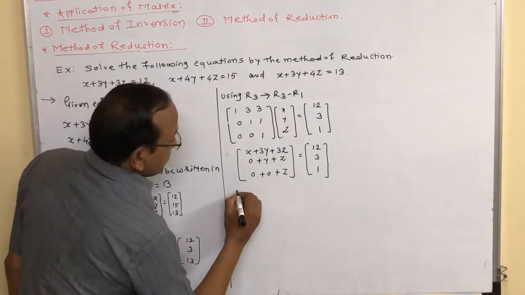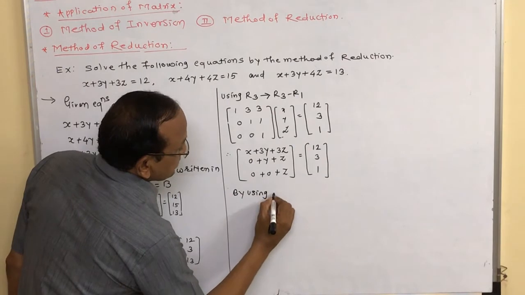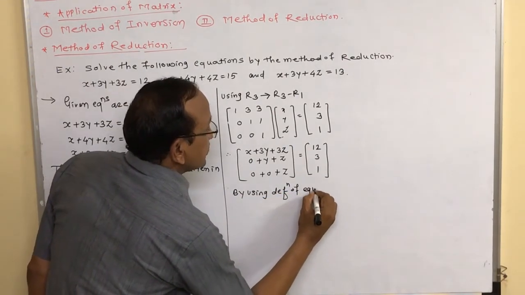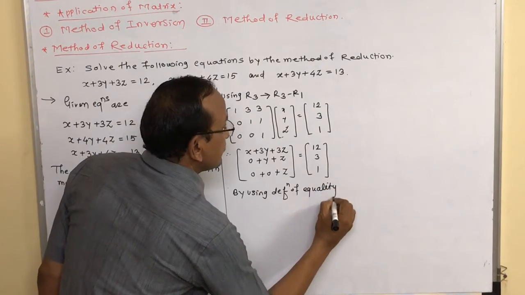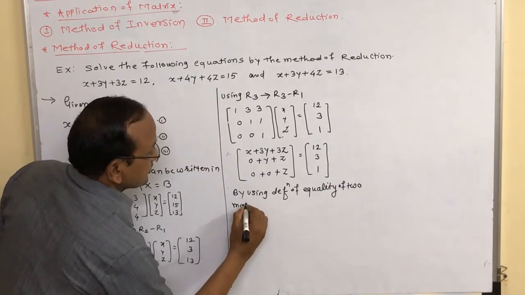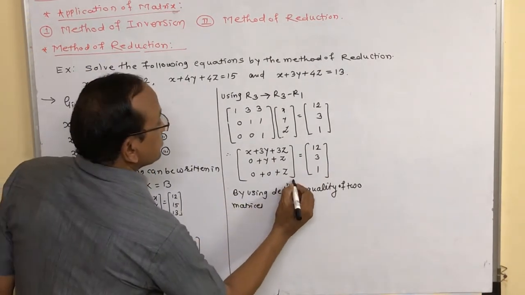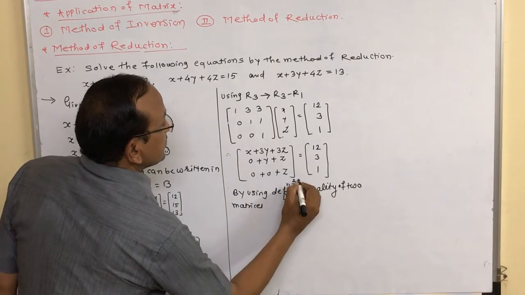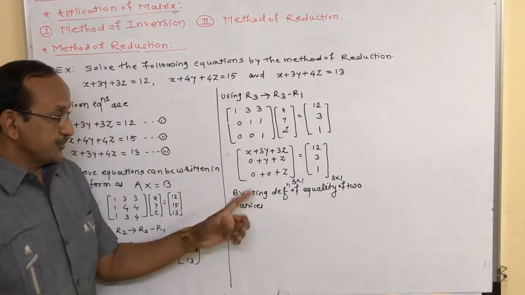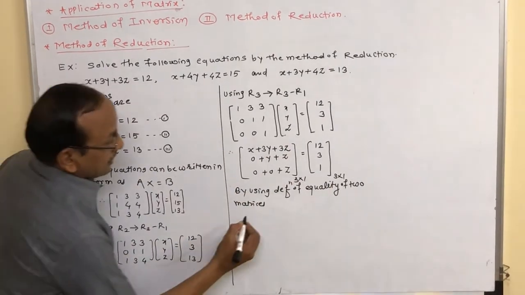By the definition of equality of two matrices, the order is the same, 3 by 1, so the first condition is satisfied, and the corresponding elements are equal.